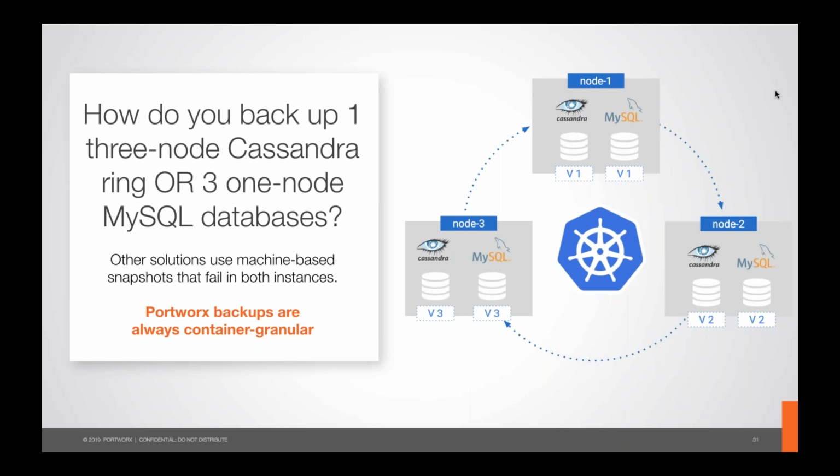That's a single database, but it's composed of 3 different nodes. Now, if I can only snapshot individual machines, node 1, node 2, node 3, then we can see there's a problem, right? My Cassandra data set is split over 3 nodes. But if I'm snapshotting individual nodes, then either I'm only capturing part of my data, or I'm capturing some data that I don't actually need, in this case, MySQL.